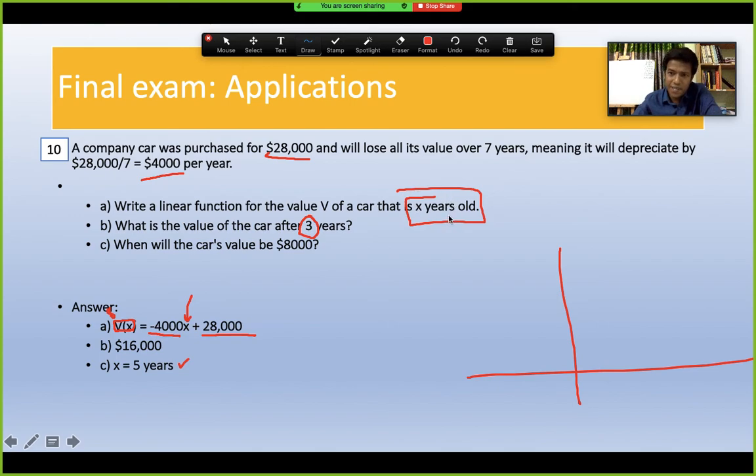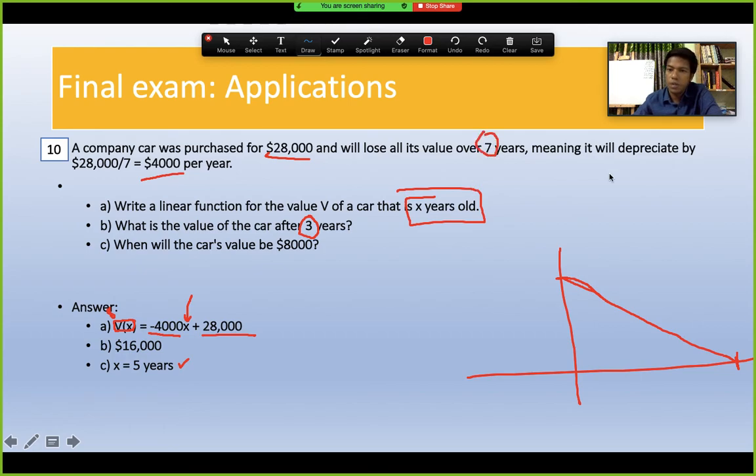This is not necessary, but I am saying what this question means if we try to draw the graph. 28,000 is somewhere up here, the calculation starts here, and every year the value decreases. It will be a straight line, and at some point it will come to 0.